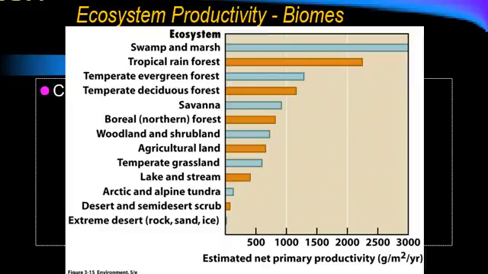If you think about these biomes, biomes with low primary productivity don't have many organisms in them because they just can't support it. Biomes with high primary productivity have tons of different organisms, lots of times millions, maybe even billions of different species. And that's because they have so much energy being produced by those plants that they're able to support all of those organisms in that food chain or food web.